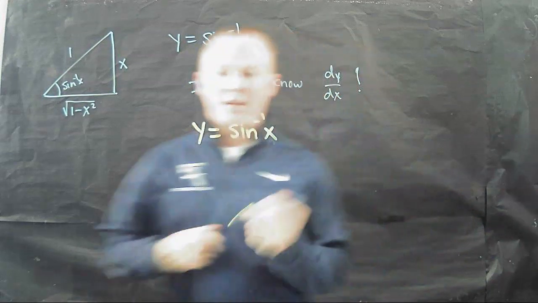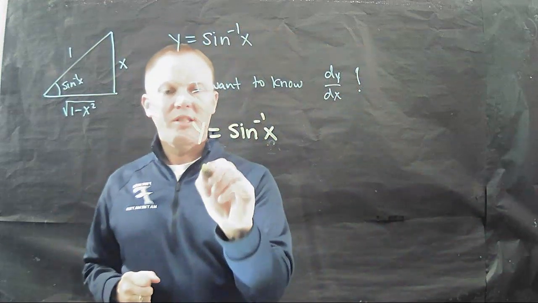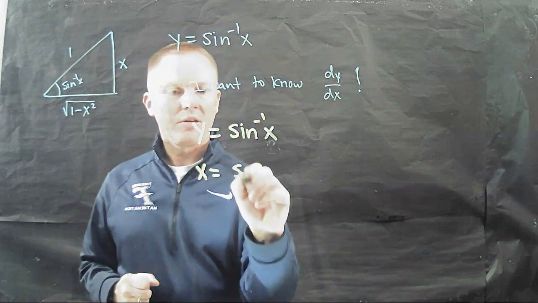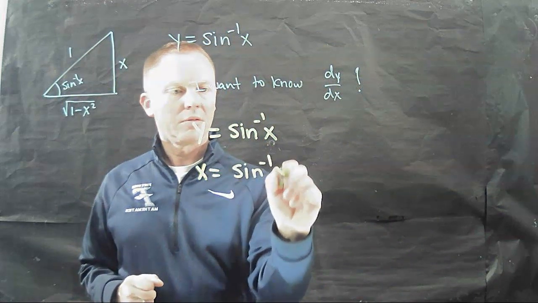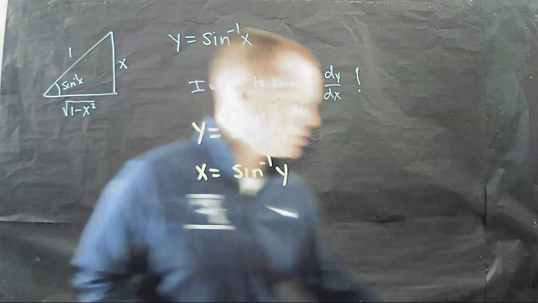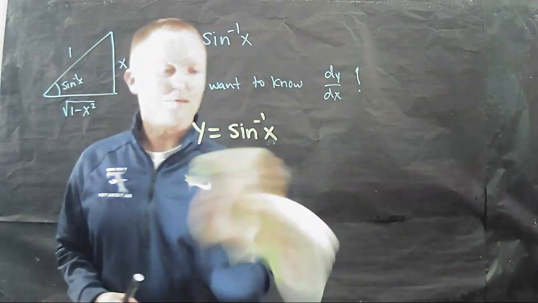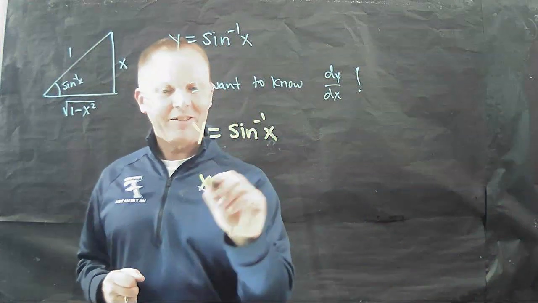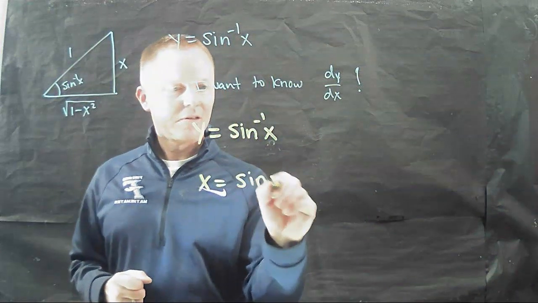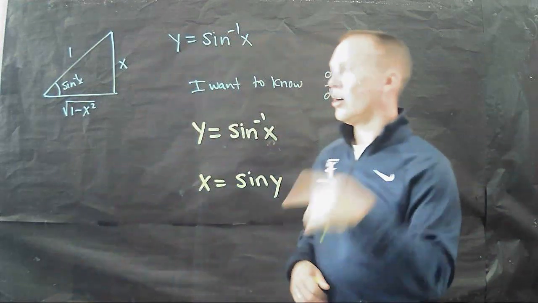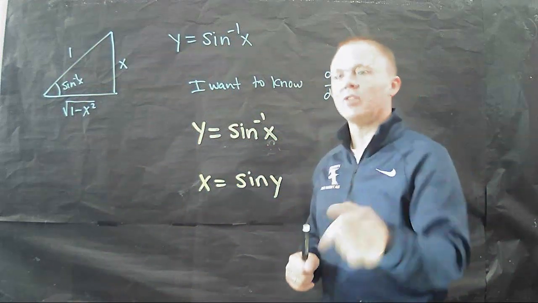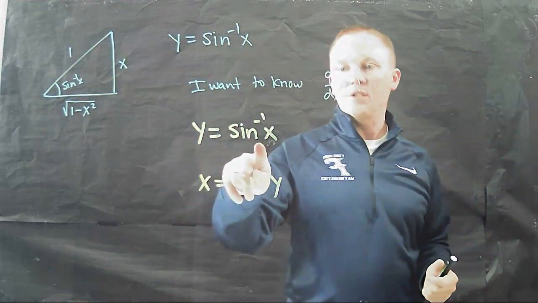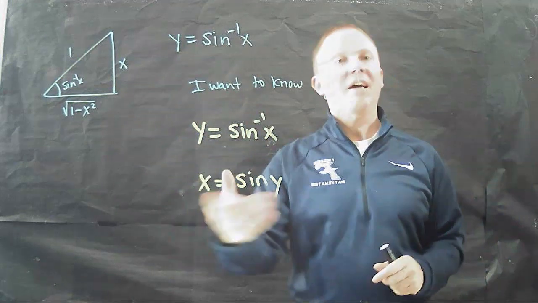And the answer is yes. This statement right here and this statement right here are the same. They both tell the same story. Y is the inverse sine of x, which means x is the sine of y.